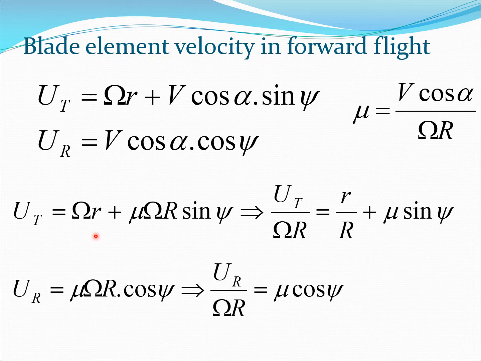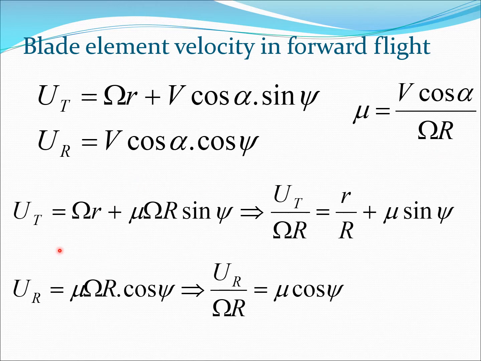Now you need to add the rotational speed component to ut. So the tangential component becomes rotation speed plus mu sine psi, and the radial component becomes mu cos psi. Okay, because mu is defined as follows.